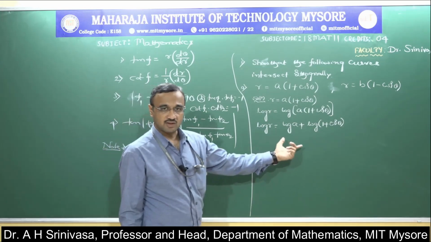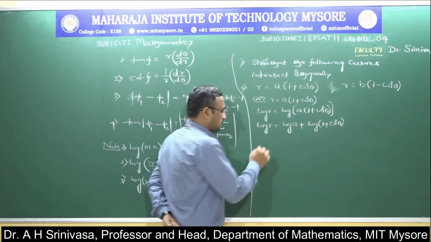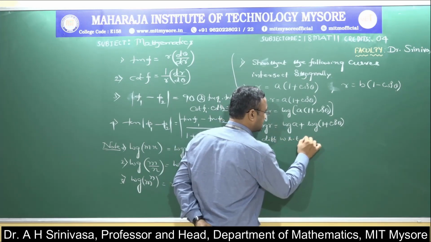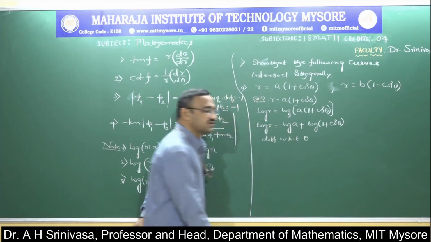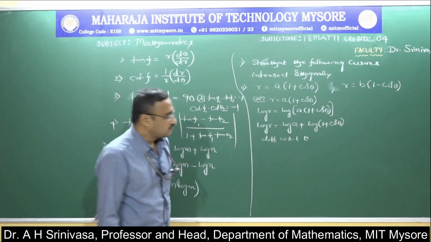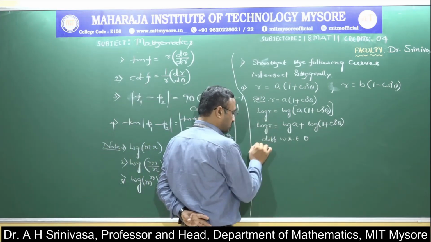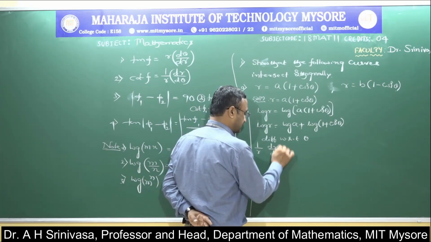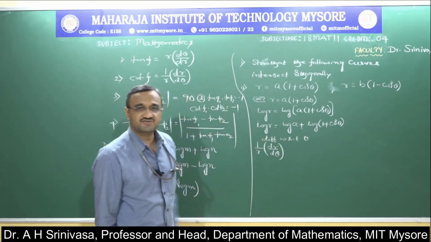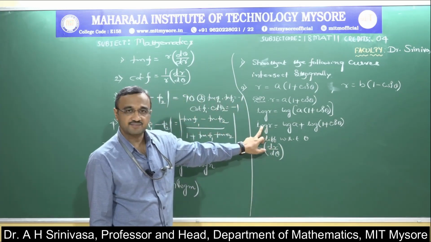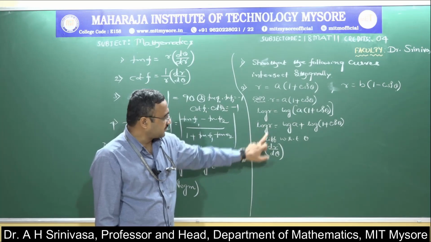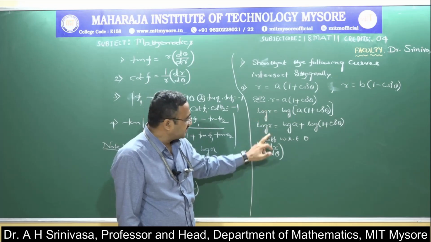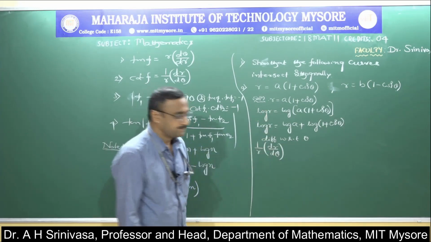Then after that, you have to differentiate this with respect to theta. What do we get here? The differentiation of log r is 1 by r times dr by d theta.